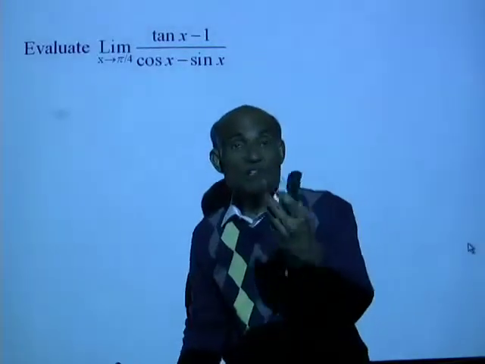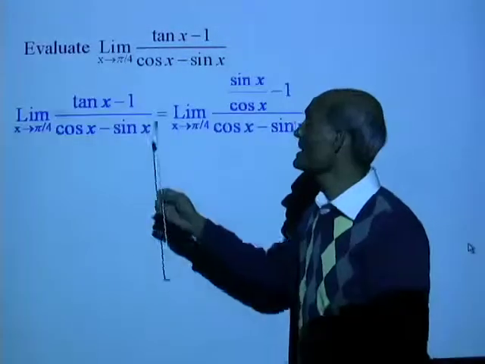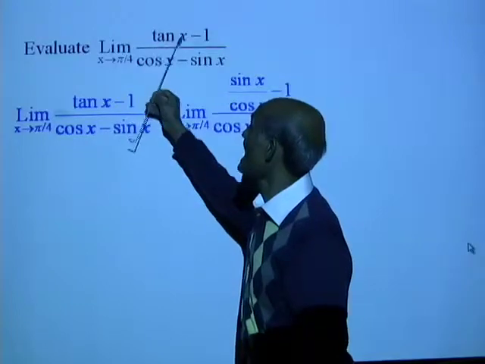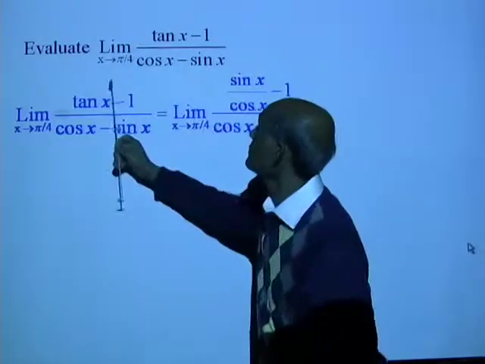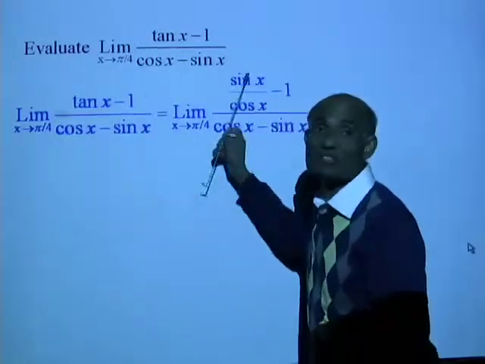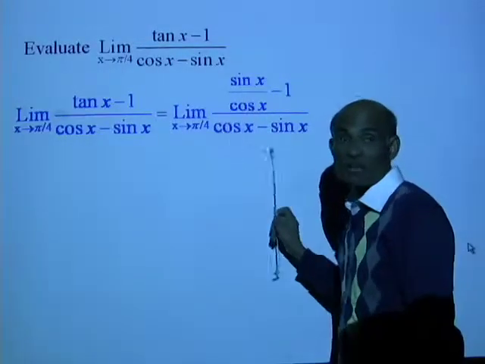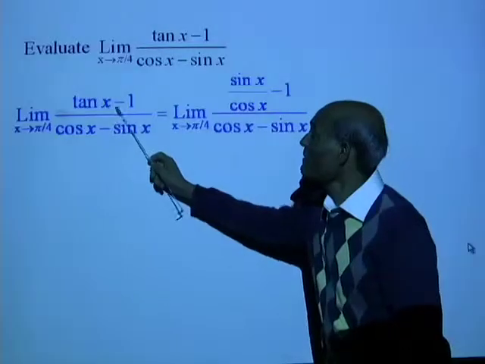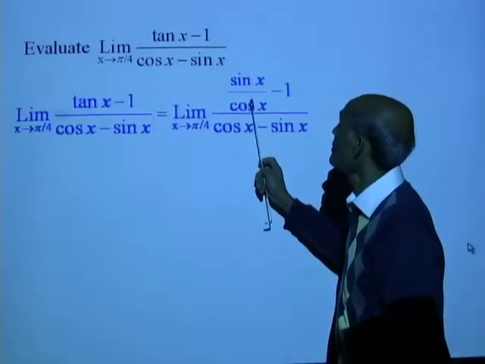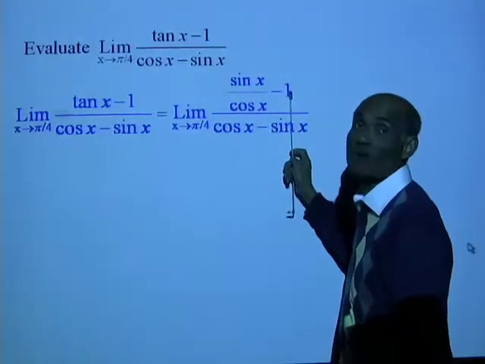Well, we can actually remove this discontinuity by changing the tan to, look at this, tan x is written as sin x over cos x. And everything else remains the same. So tan x minus 1 is sin x over cos x minus 1.